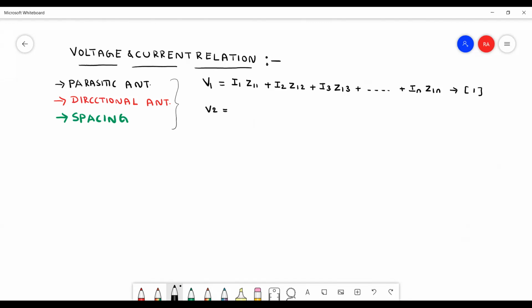Similarly, V2 equals I1 Z21 plus I2 Z22 plus I3 Z23 plus so on up to IN Z2N.